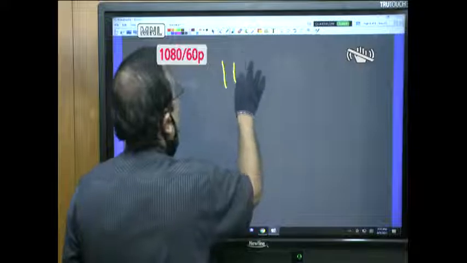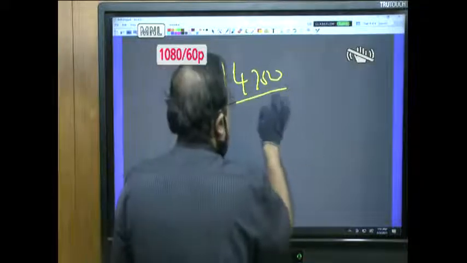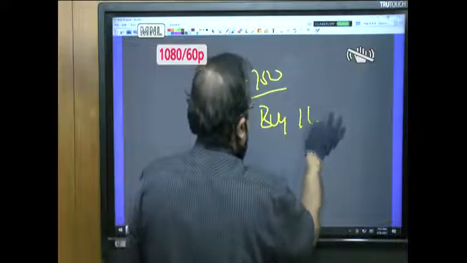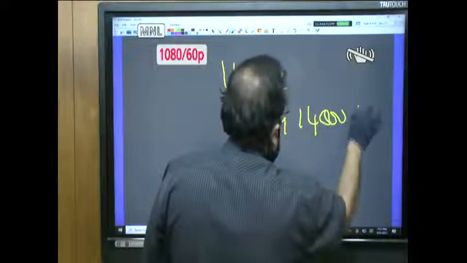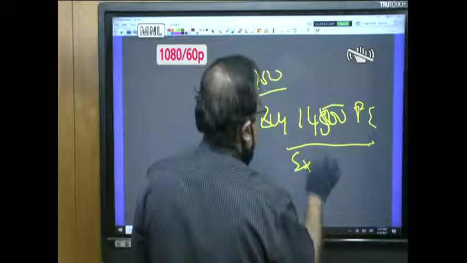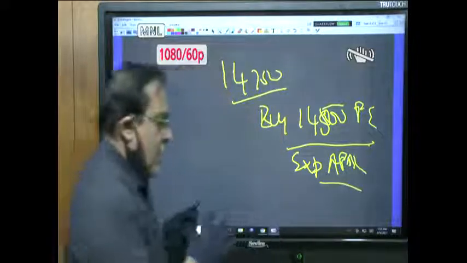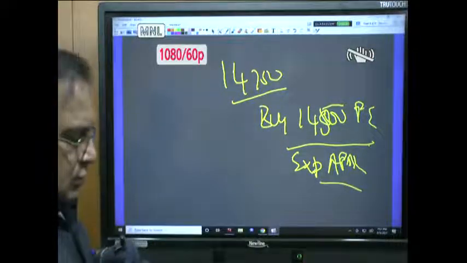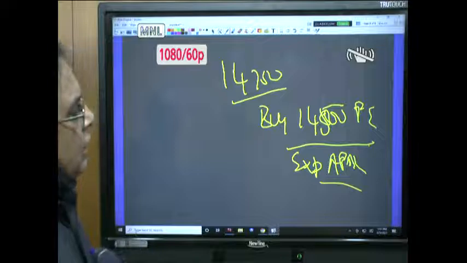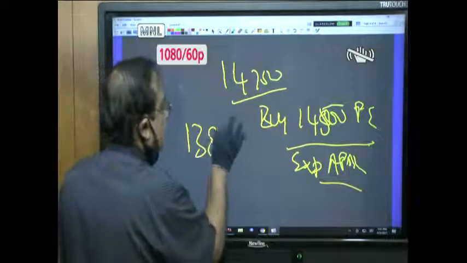When Nifty goes to 14,750, then you buy maybe a 14,500 put option for this month, expiry April end.